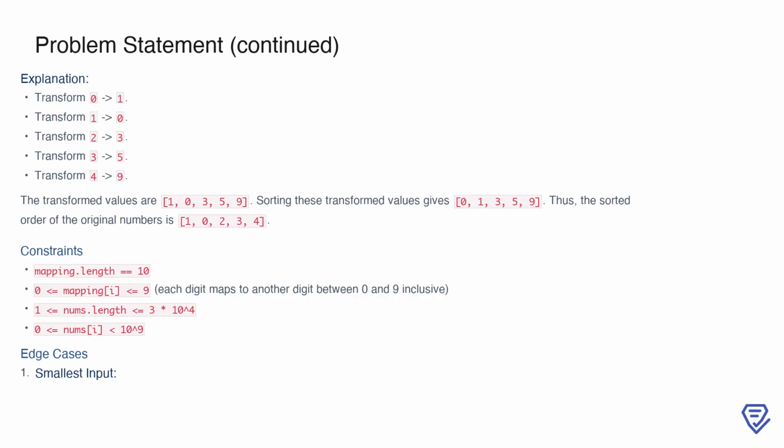Thus, the transformed values are 1, 0, 3, 5, 9. Sorting these transformed values gives 0, 1, 3, 5, 9. Finally, we match these sorted transformed values back to their original numbers, resulting in 1, 0, 2, 3, 4. This is the output for this example.